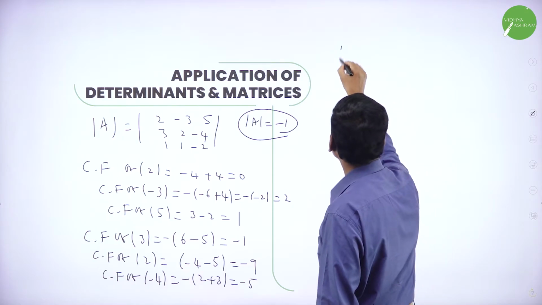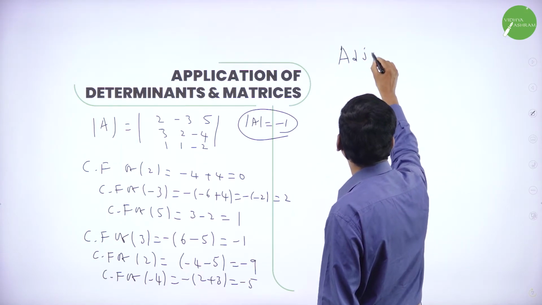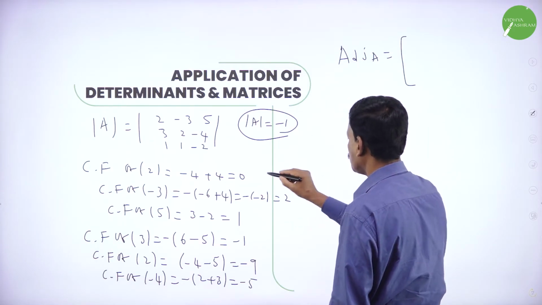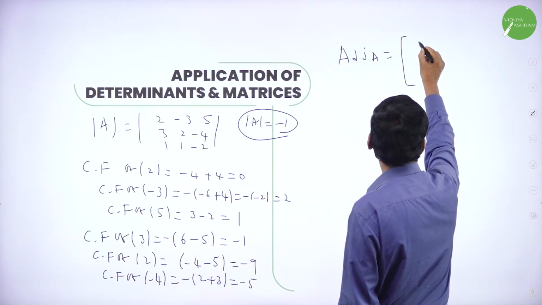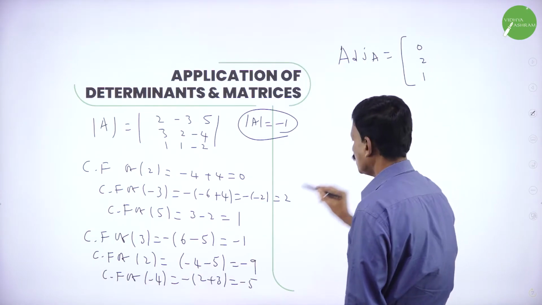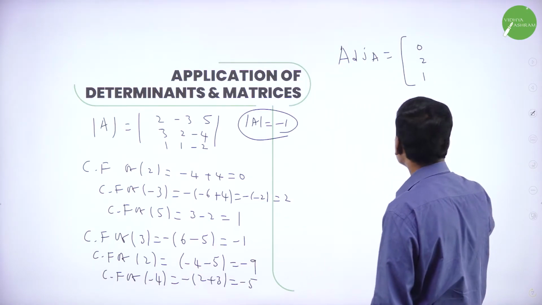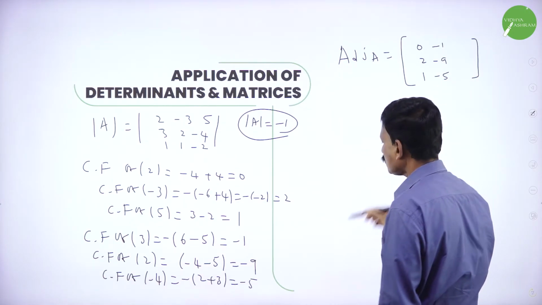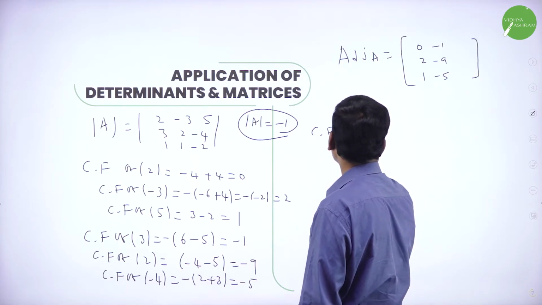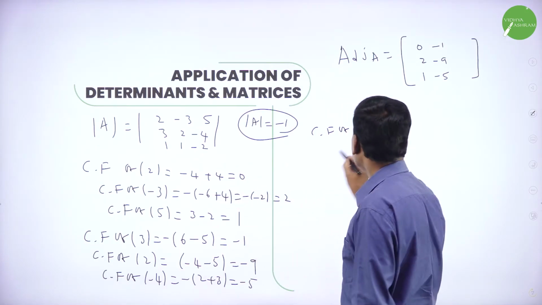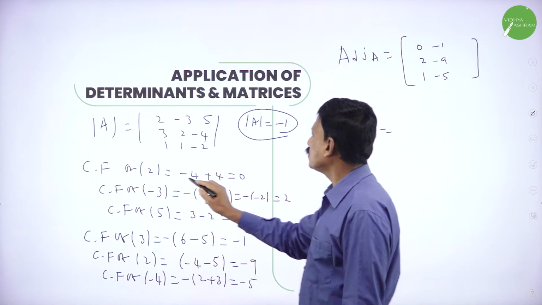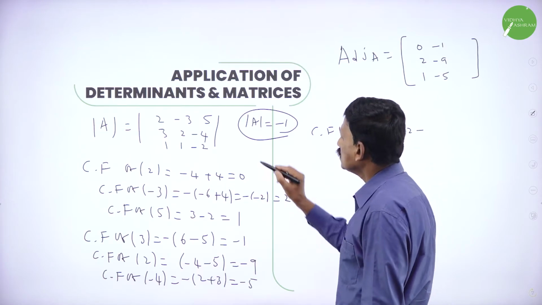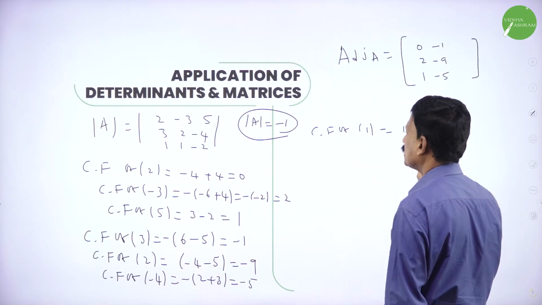Now I will write the adjoint of A straight away. Adjoint of A is equal to, instead of the row I will write the column: 0, 1, 0, 2, 1, minus 1, minus 9, minus 5. And come to the last cofactor of this 1: this row and column is gone. 3 4s are 12 plus 12 minus 2 5s are 10.